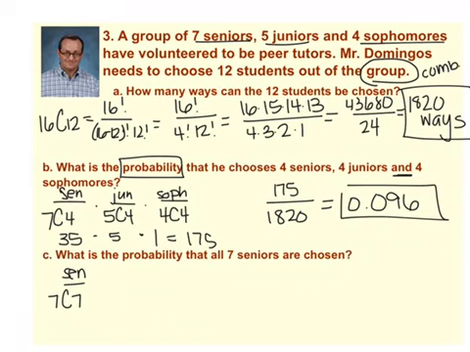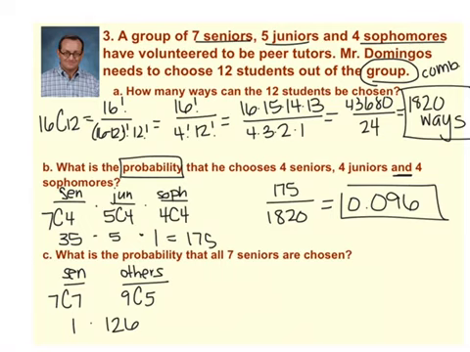So I have to do my others. This is going to be my other kids. I don't care if they're a junior or a sophomore, but I still need 5 more kids. So I have 9 total others, and I still need to choose 5 of them because I need 12 total in my group. So plug those into your calculator. 7C7 is 1. 9C5 gives me 126.